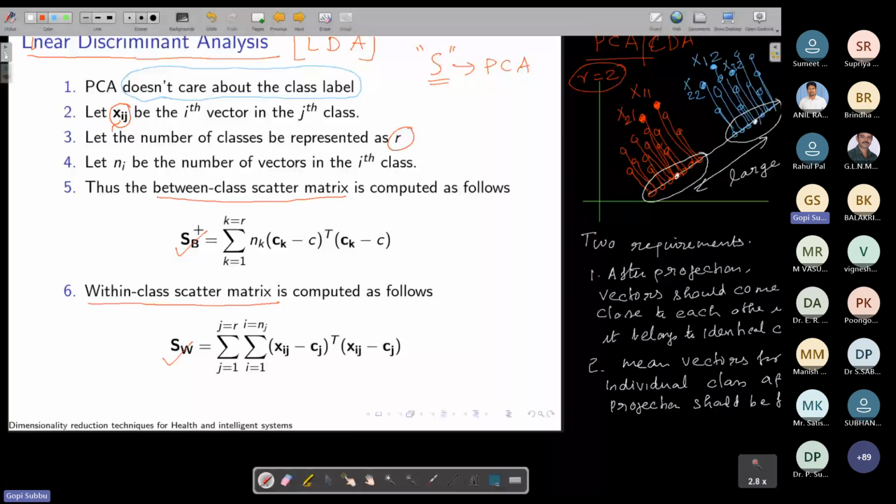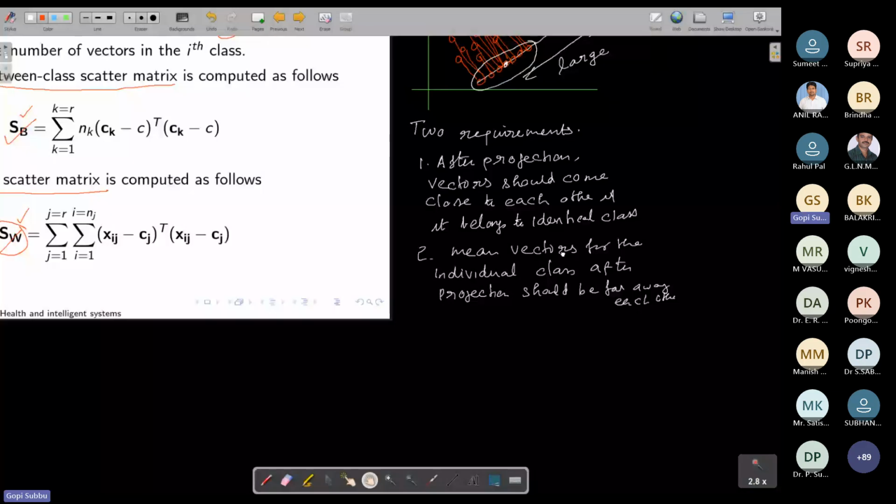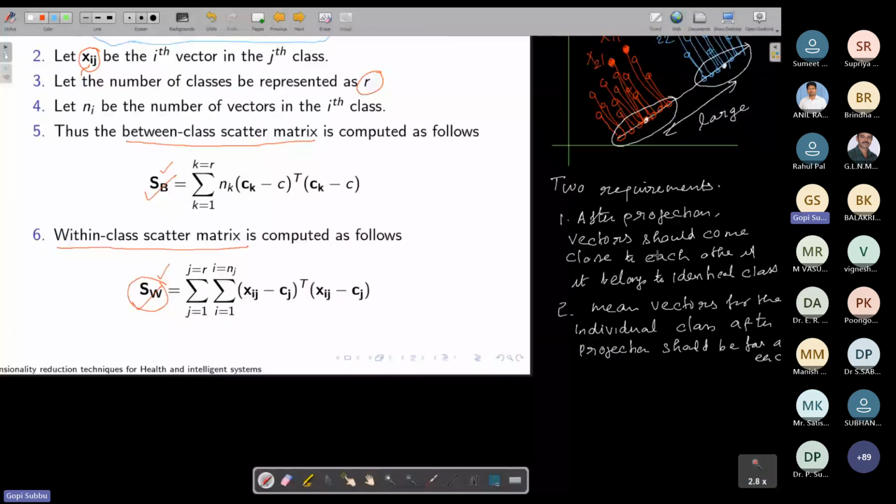One is the within class scatter matrix, which helps with the first objective: after projecting, the vectors should come close to each other if they belong to the same class. So SW is responsible for that.